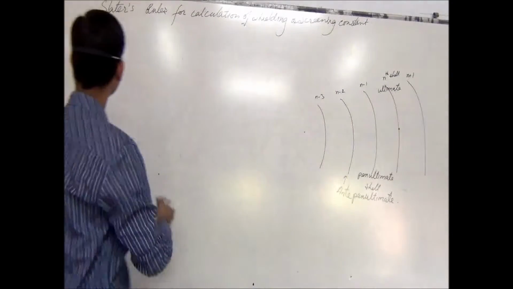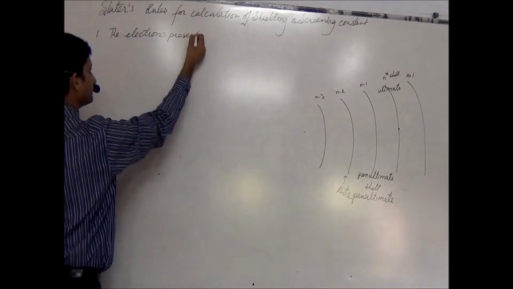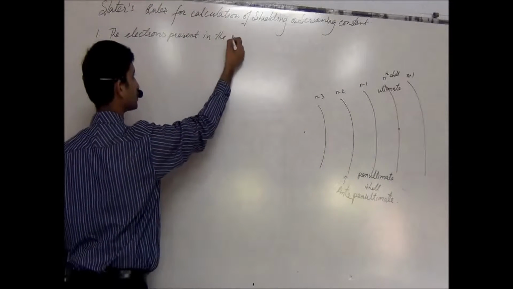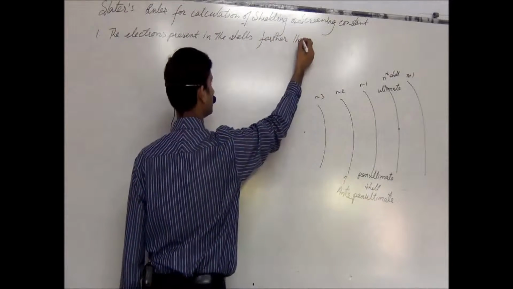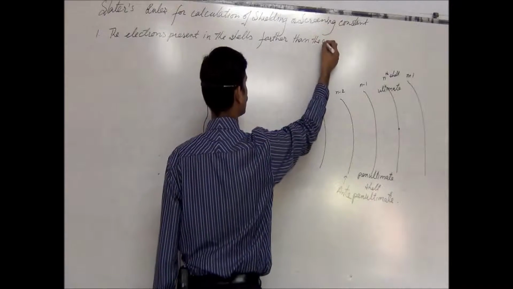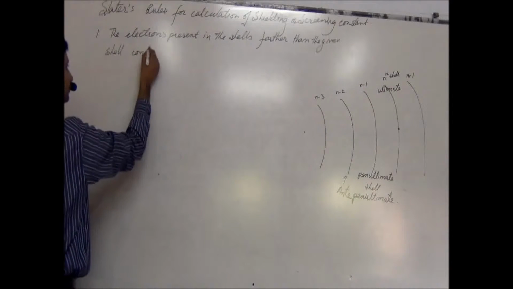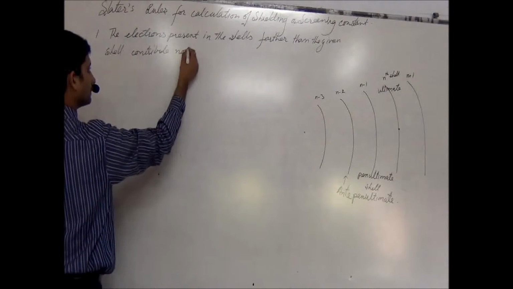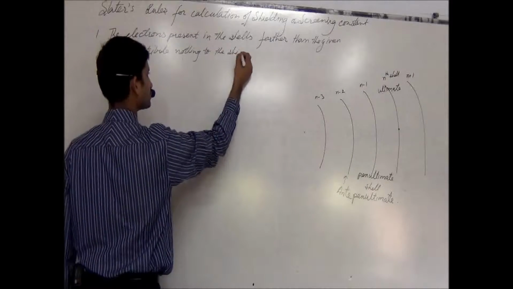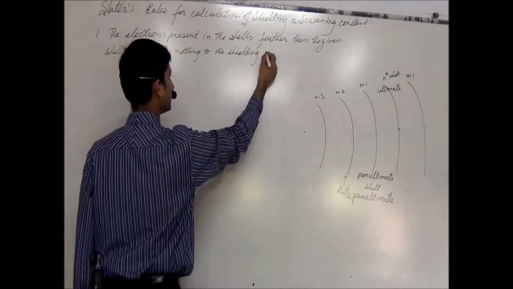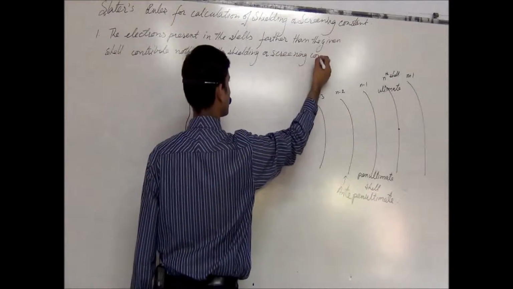Let's write the first Slater's rule. The electrons present in the shells farther than the given shell contribute nothing to the shielding or screening constant.